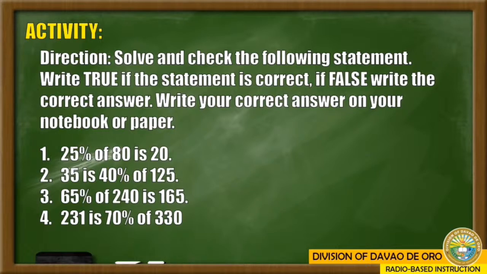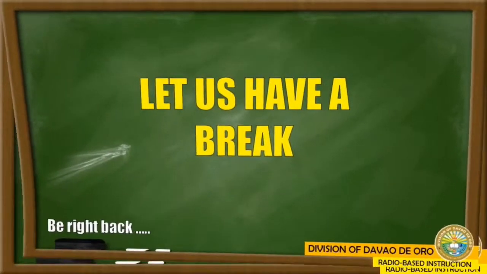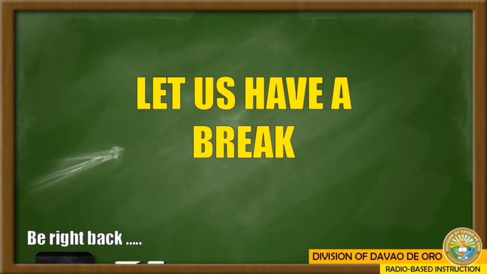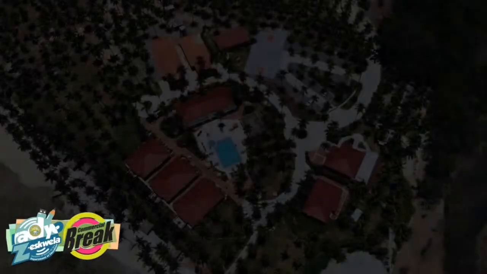Good luck. Okay, let us have a break first and be right back after the advertisements. But before that, please answer our activity. And afterwards, we will check your work. Good luck.